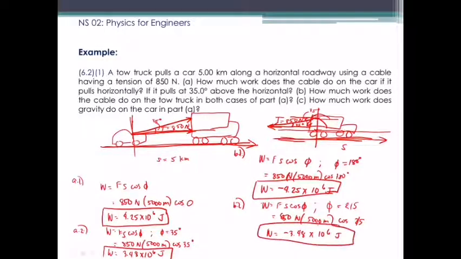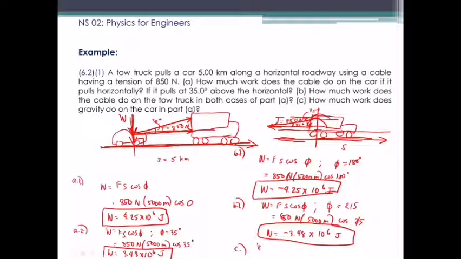And then lastly, for letter C, how much work does gravity do on the car in part A? When we say gravity, we are referring to the effect of the weight. Since the weight is directed vertically downward, and our displacement is along x, it is perpendicular.